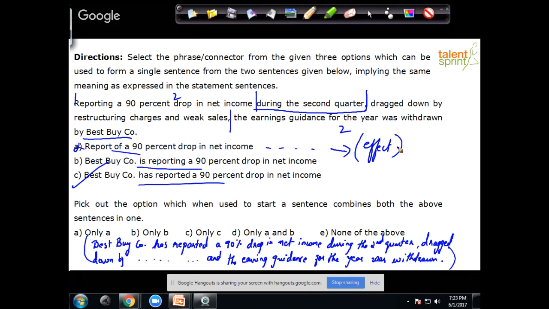The effect is not clearly coming through in the context if I join these two sentences. Because of the logical construction, I would not go with option A. Option C seems a better fit.